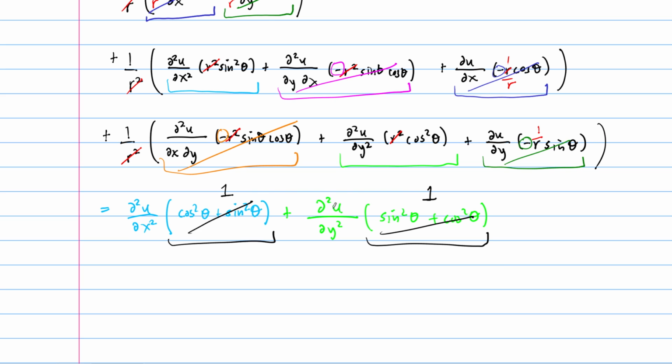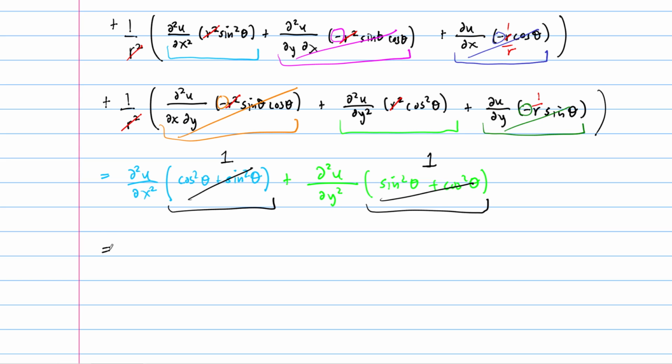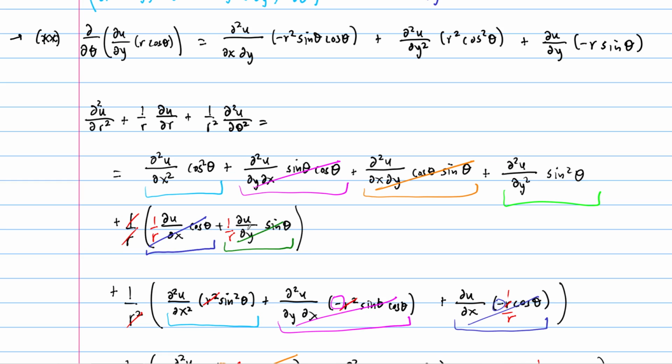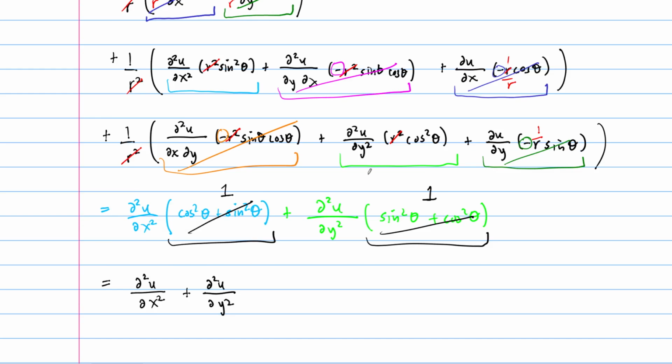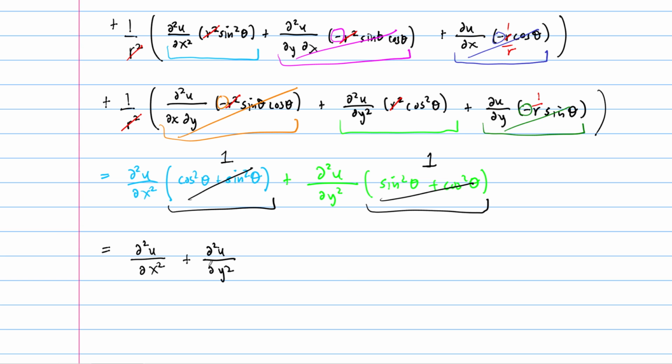And after all this work, what we found is that the formula we used there with the polar coordinates, d squared u dr squared plus 1 over r du dr plus 1 over r squared d squared u d theta squared, after a whole bunch of chain rules and careful calculations, is equal to d squared u dx squared plus d squared u dy squared, which is just our Laplacian, right?